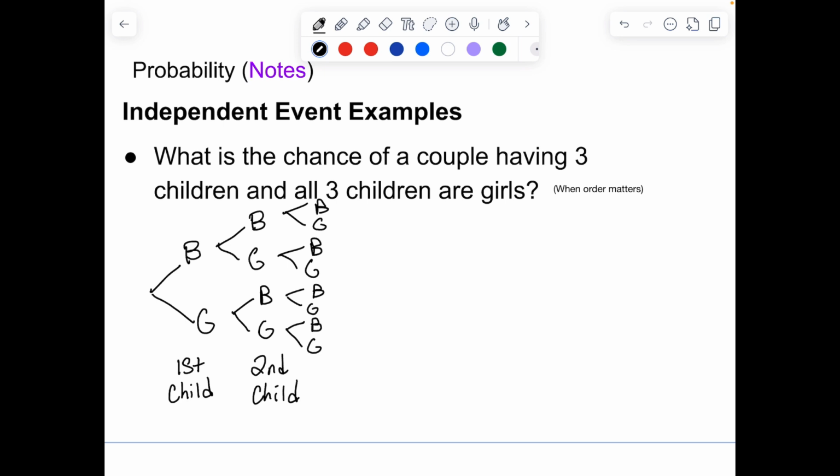Okay, so now if I list out all of the outcomes that this couple could have if they have 3 children, they could have 3 boys in a row. They could have a boy, boy, and then a girl.